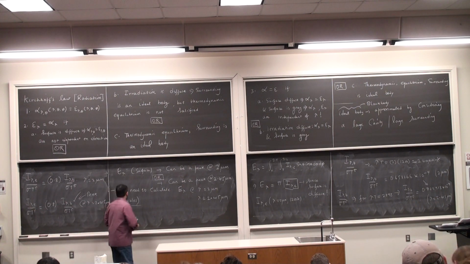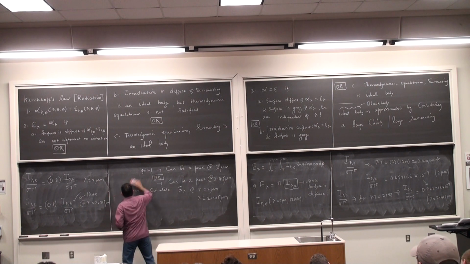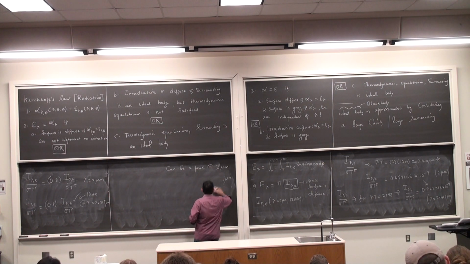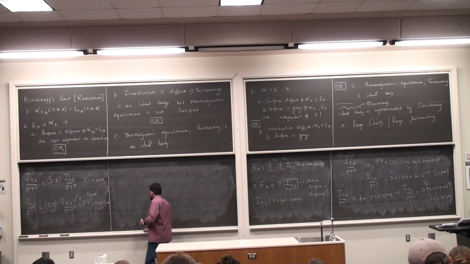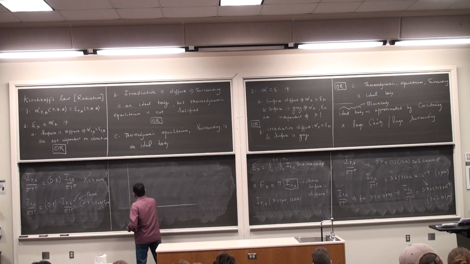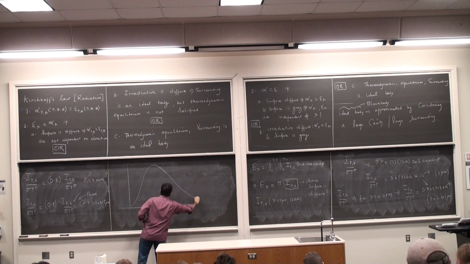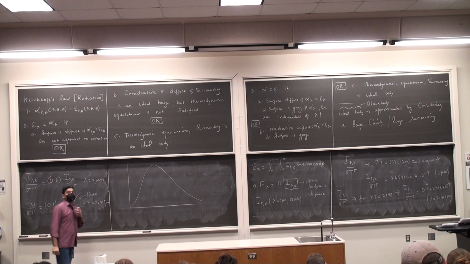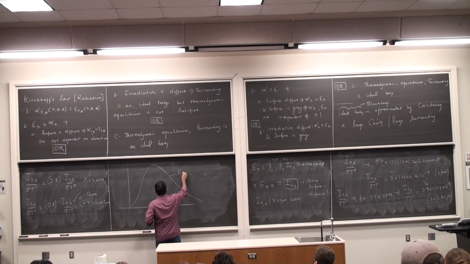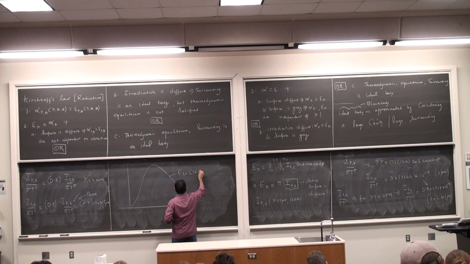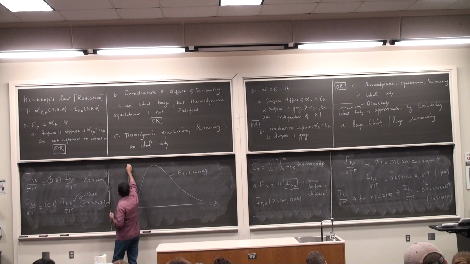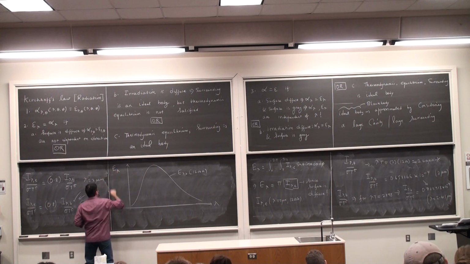And if I draw the figure now, okay, this is the ideal body at 1200. This is lambda, E lambda.